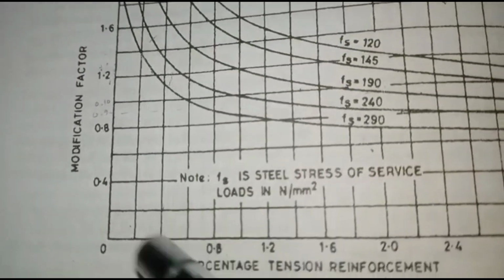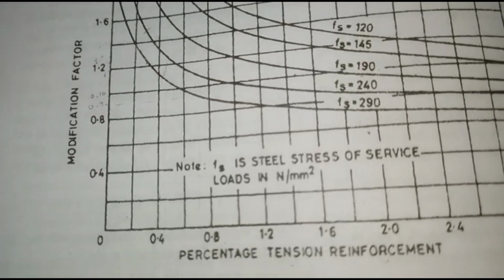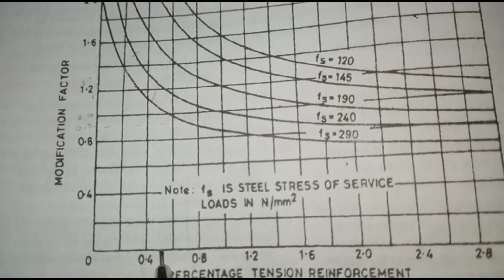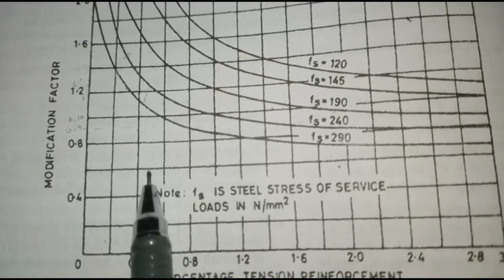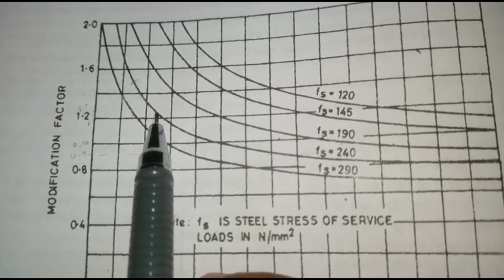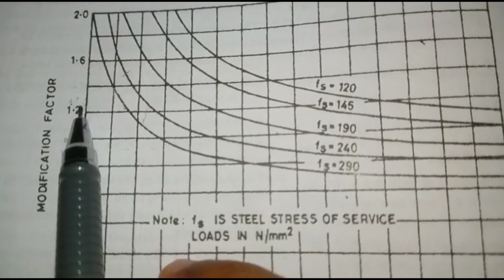this line. Wait, I will show. So it comes here, 0.45. So straight to this, and where it touches the curve and left to this, straight to this is our modification factor.